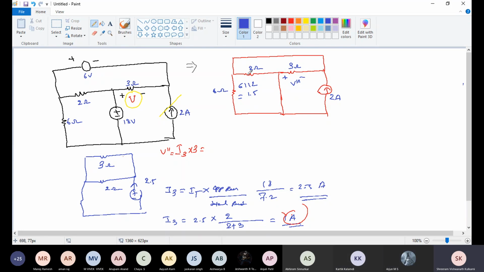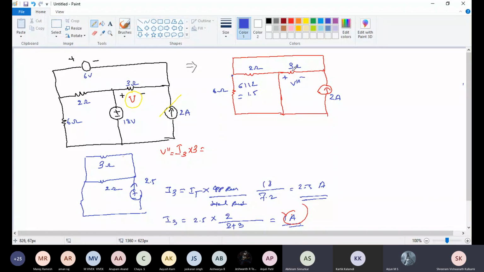Series or parallel? There won't be any current across the short circuit. But first tell me, are this 2 and 3 ohm in series or parallel?